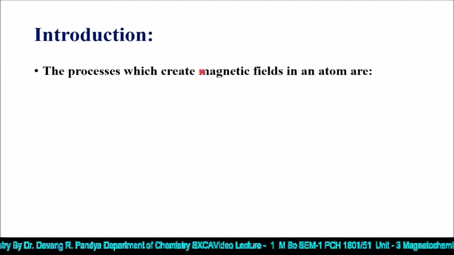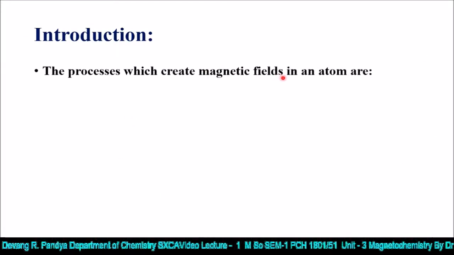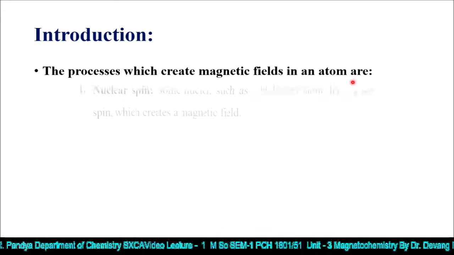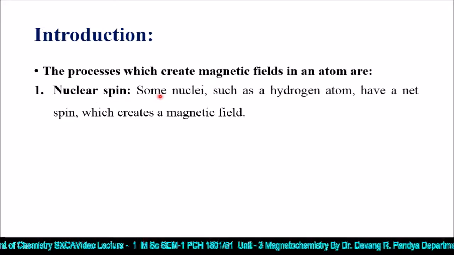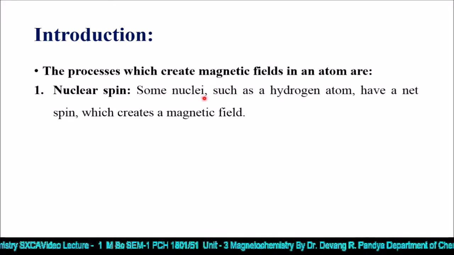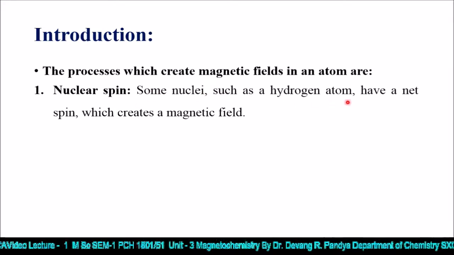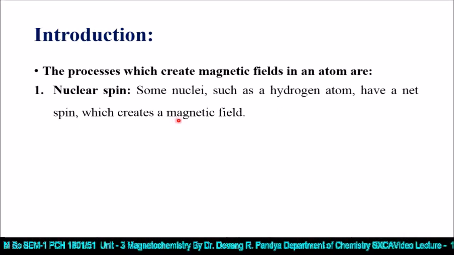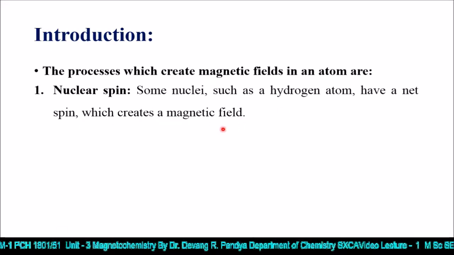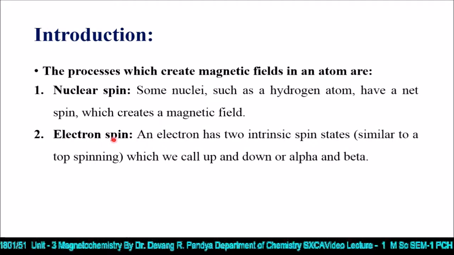The processes which create a magnetic field in an atom are: number 1, nuclear spin, where some nuclei such as the hydrogen atom have a net spin which creates a magnetic field. Number 2, electron spin.